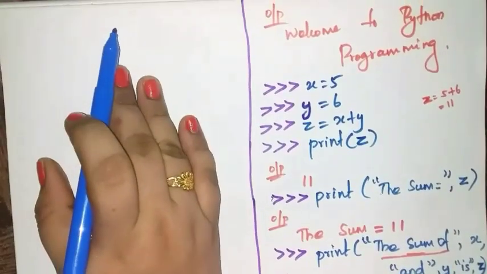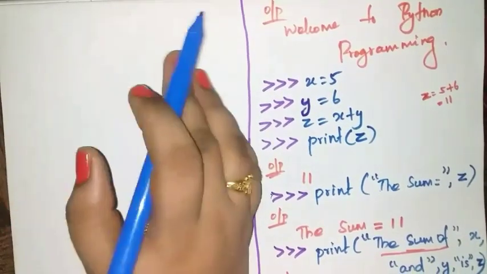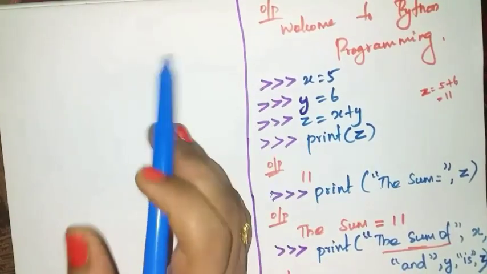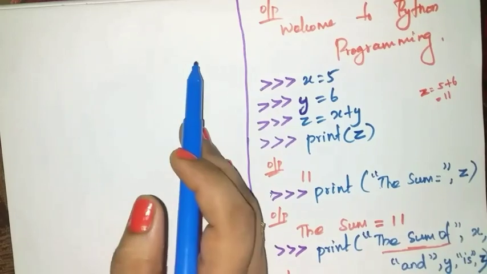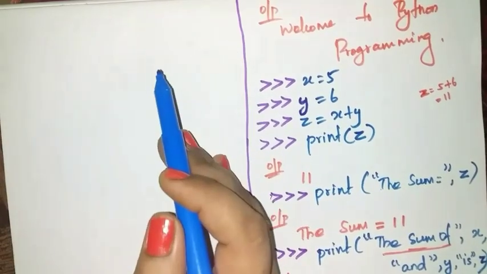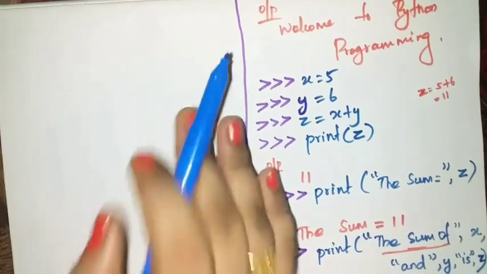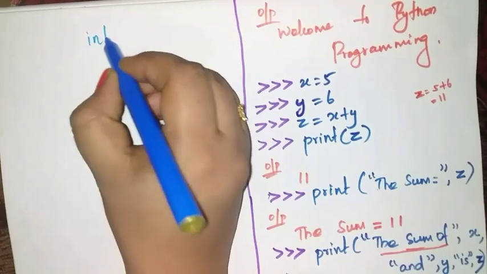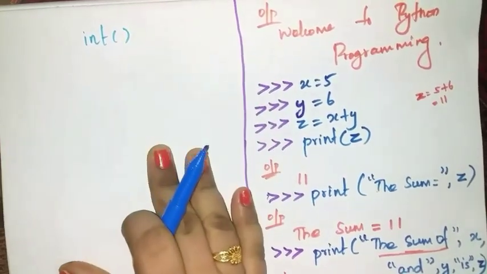This input function accepts all data as string or characters, but not as numbers. If you are giving a numeric value as input, it must be explicitly converted into a numeric data type. How will it be converted? Using the int function.